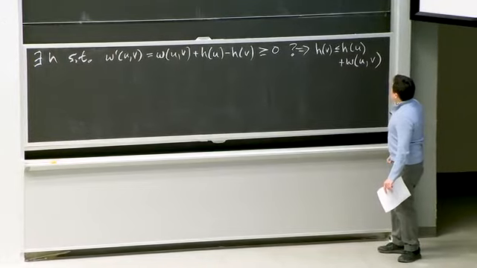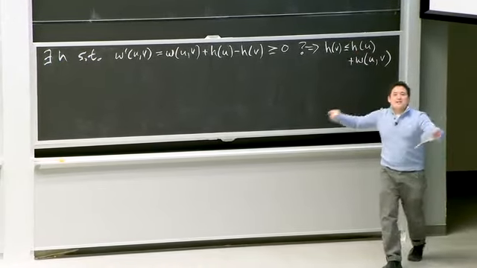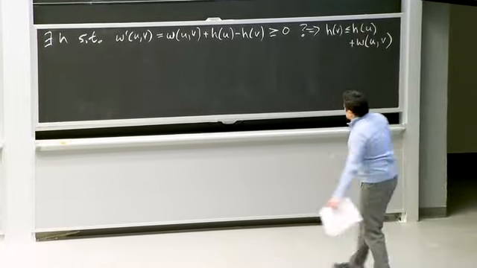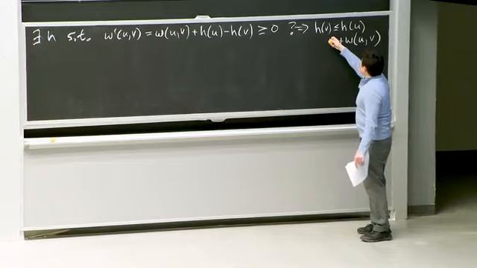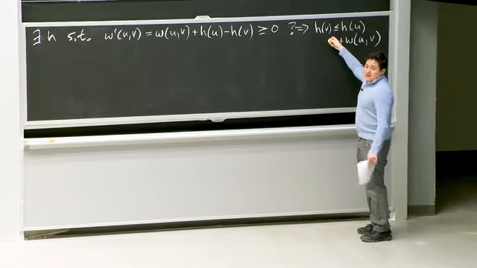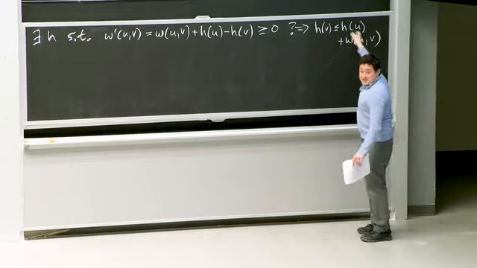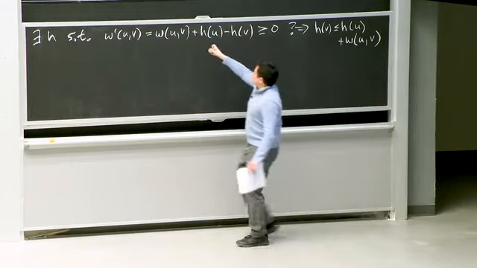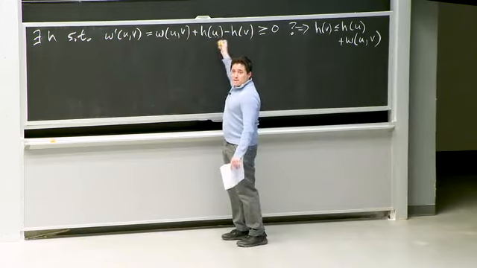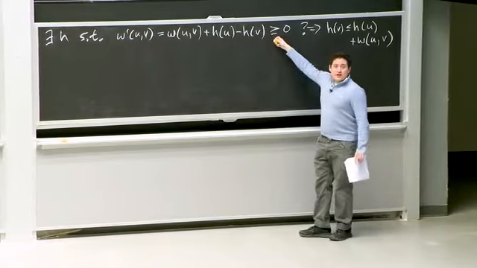So if we can set these h's to be the shortest path distance from some vertex, and those shortest path distances are finite and not minus infinity, then this thing will hold by triangle inequality, and in particular, if we were to re-weight the edges based on those values of h, then we'd get new edge weights that are non-negative.